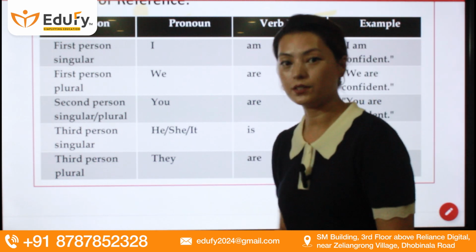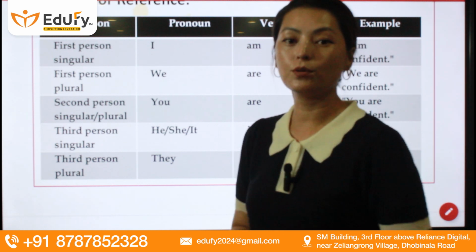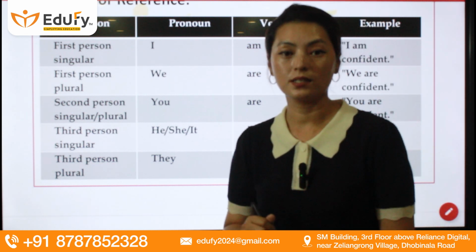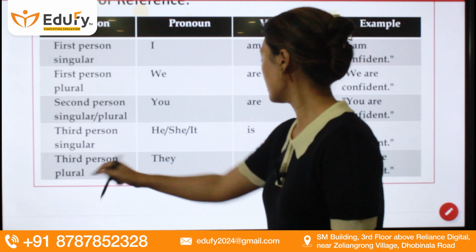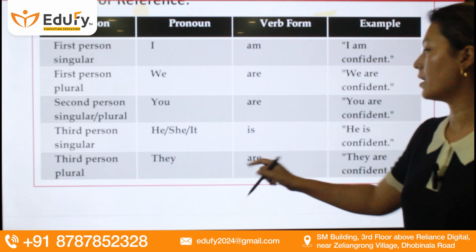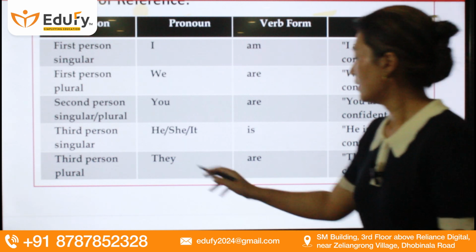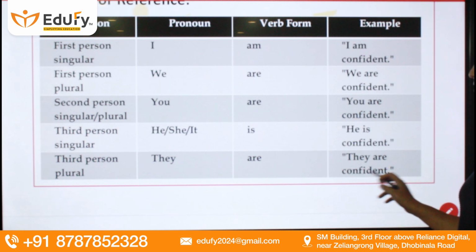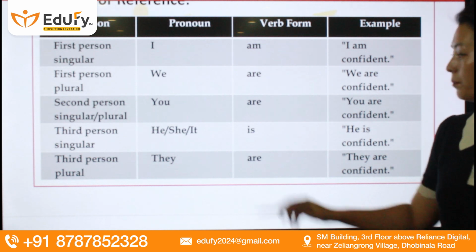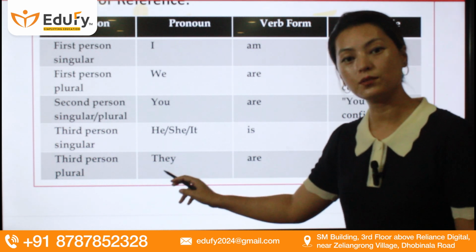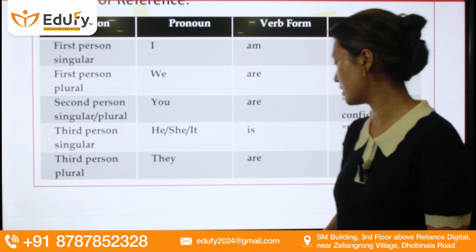In the third person, when we say third person plural, what does it mean? Words like they and them are considered as third person plural. Whenever you have they, you will have to write are. They are. So when we see this, they are confident, this is the right form. Because the plural verb is used when we have third person, which is a plural subject.